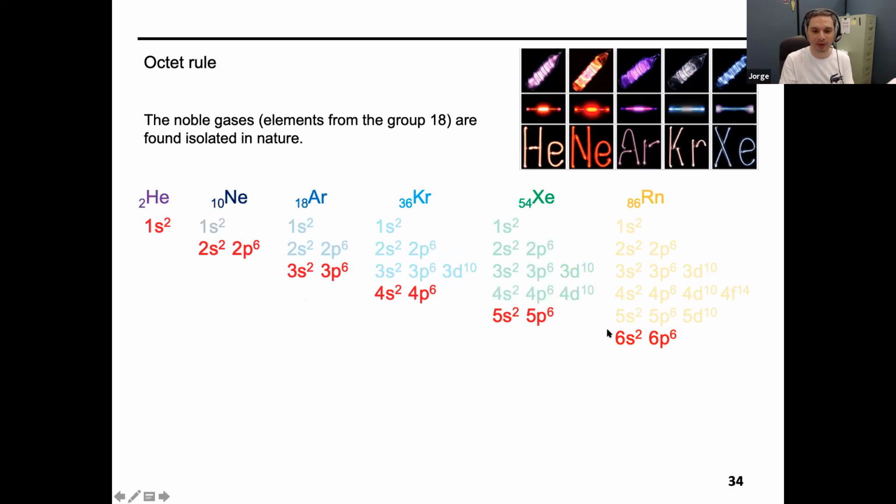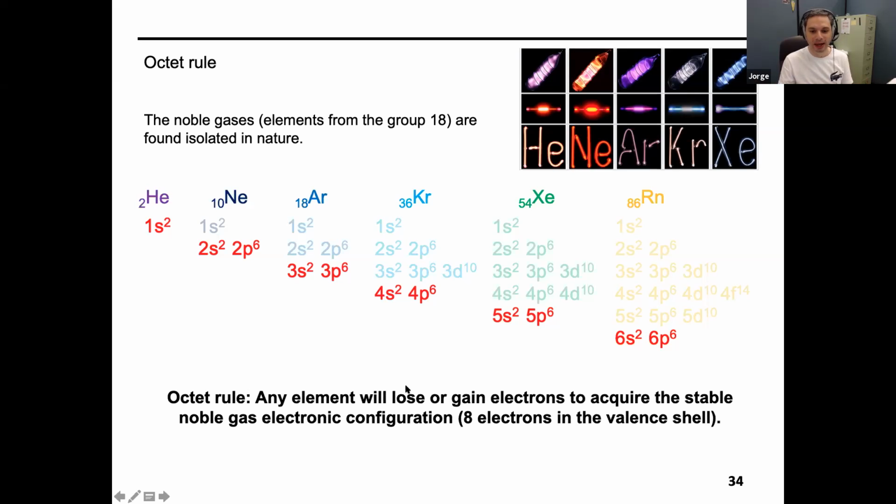Well, if they are stable and they have all 8 electrons in the valence shell, what's the obvious conclusion? Any element will lose or gain electrons to acquire the stable noble gas electron configuration. In other words, 8 electrons in the valence shell, and that's called the octet rule.